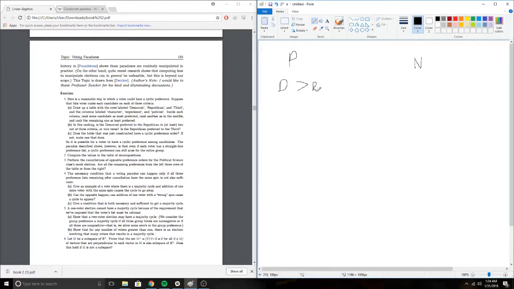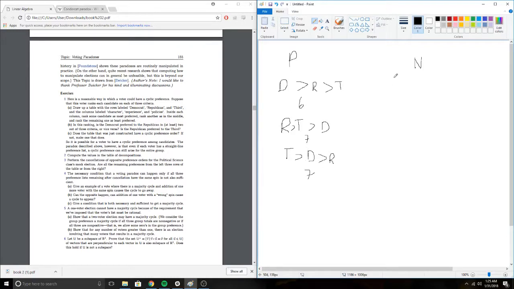So D greater than R greater than T. We have R greater than T greater than D. And we're going to have T greater than D greater than R. So with this one, we can have, let's say, 6 voters who believe in this, 7 voters who believe in this, 7 voters who believe in that.